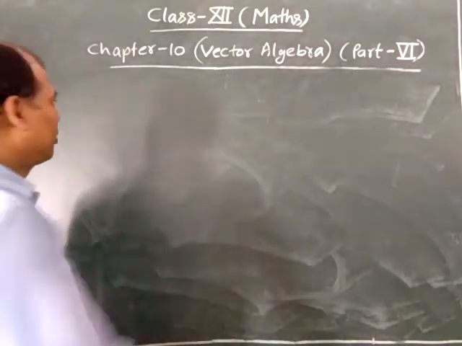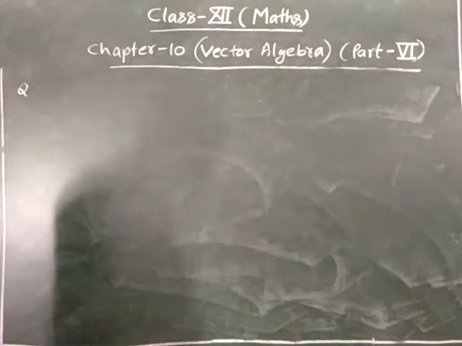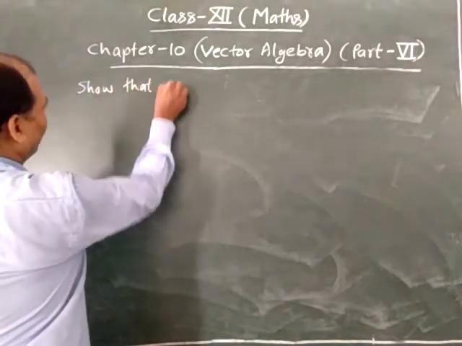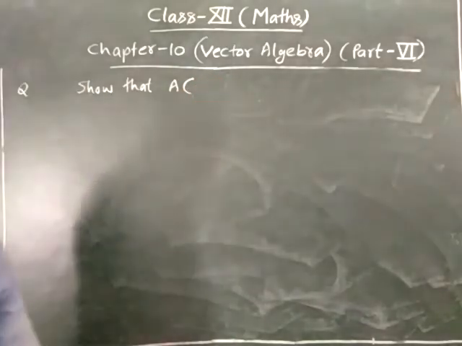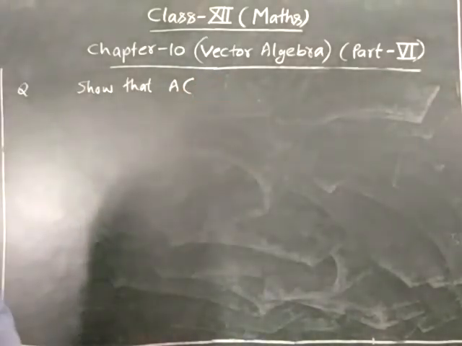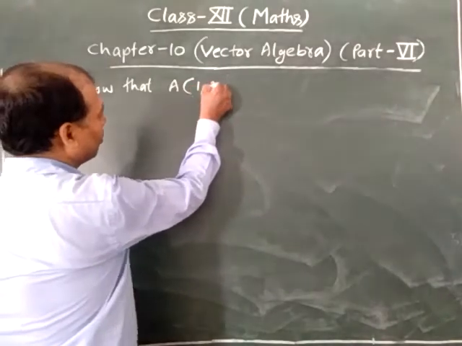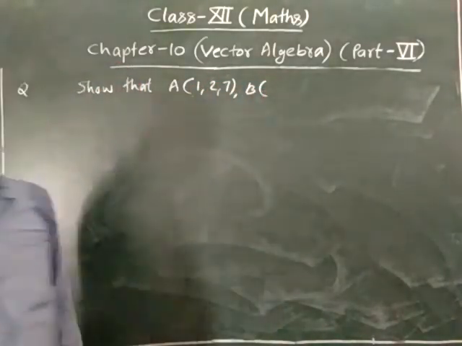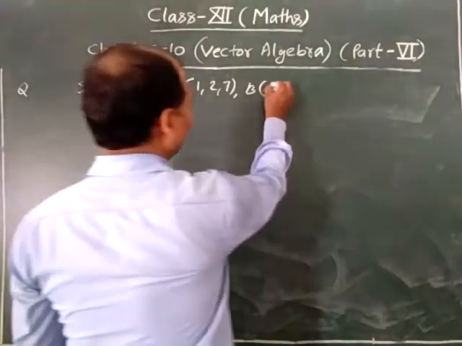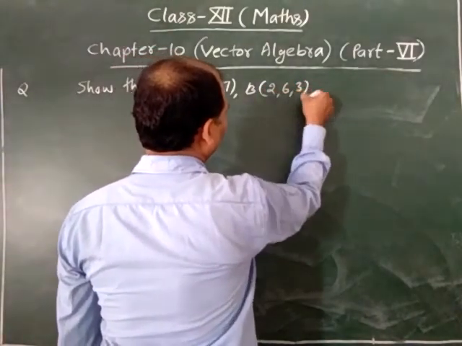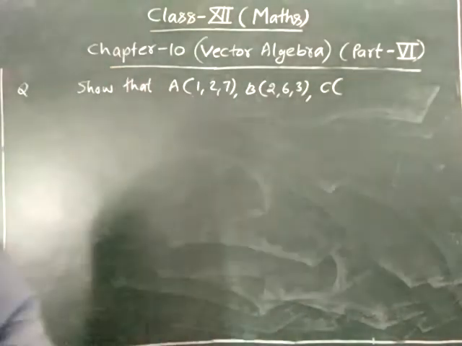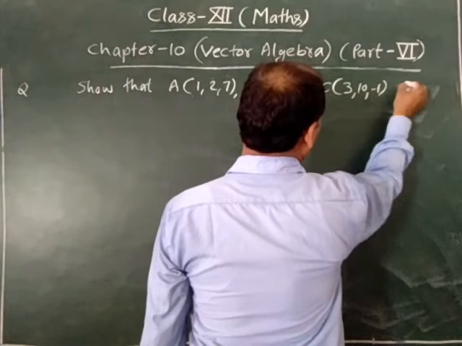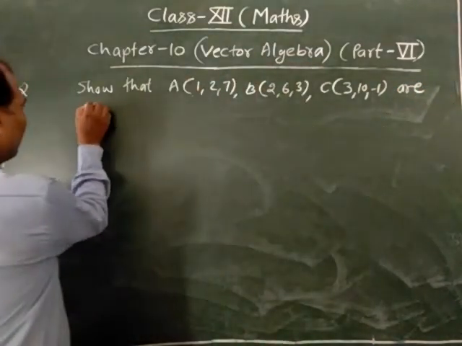So students, the question is that show that A having the coordinates 1, 2, 7, B 2, 6, 3, and C having the coordinates 3, 10, minus 1 are collinear.